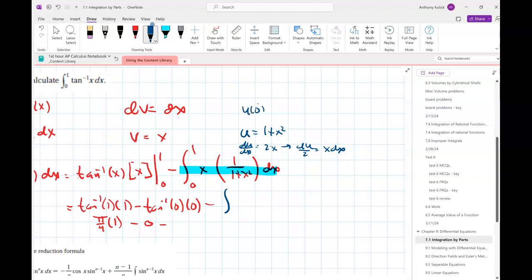And let's go ahead and change the bounds, so we don't have to sub anything back in. And I have 1 over u times 1 over 2 du. So that's just going to be the natural log of u, well, 1/2 natural log of u from 1 to 2.